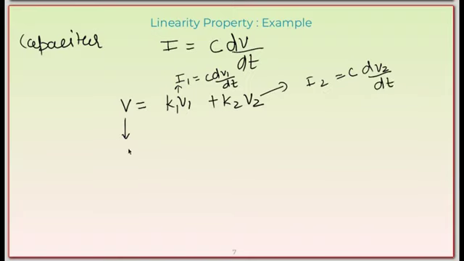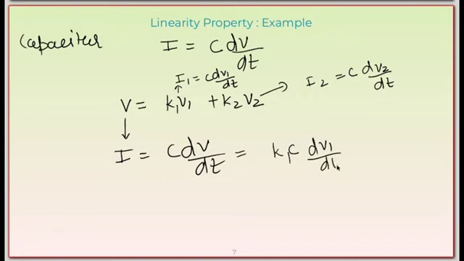So when we apply this, our I is going to be C dV by dt, and if we put the value of V, K1 V1 plus K2 V2, where K1 and K2 are real or complex constants, this will result in K1 C dV1 by dt plus K2 C dV2 by dt, right?